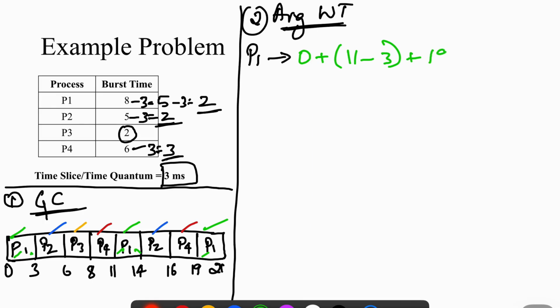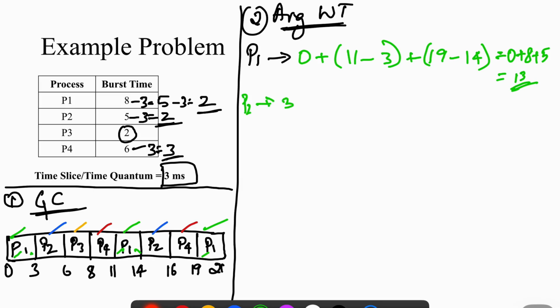That is 19 minus 14. Yes, it's 14, correct. So here this becomes 0 plus 8 plus 5. So it is 13 for P1. Then I have P2 to consider.